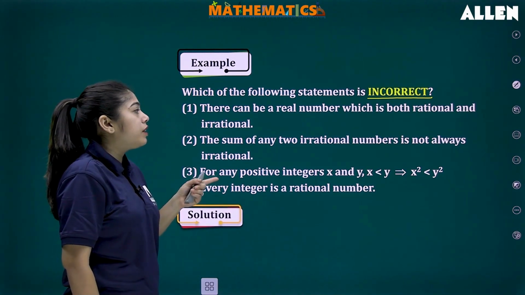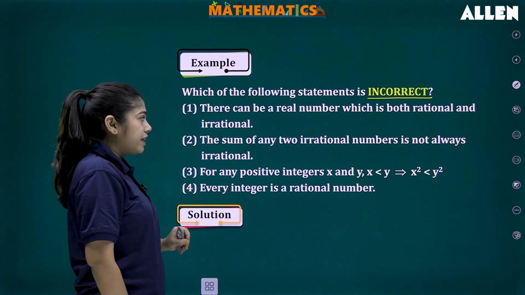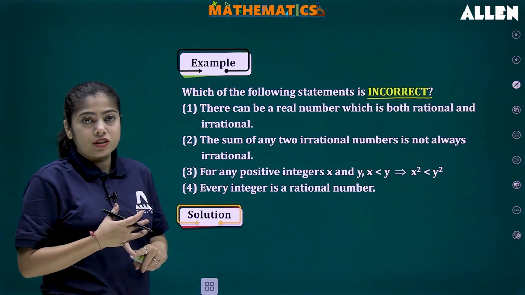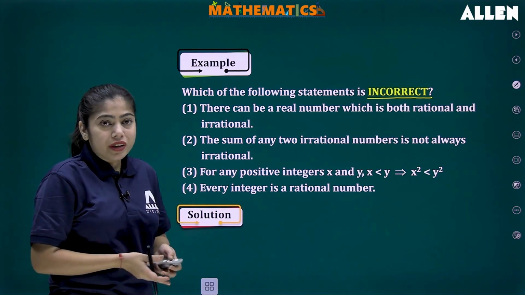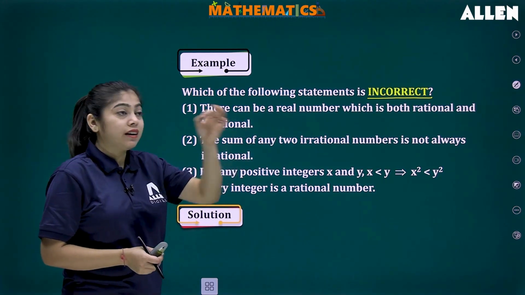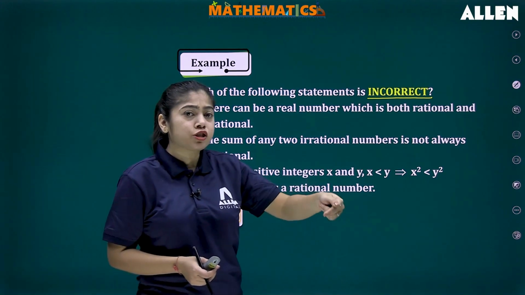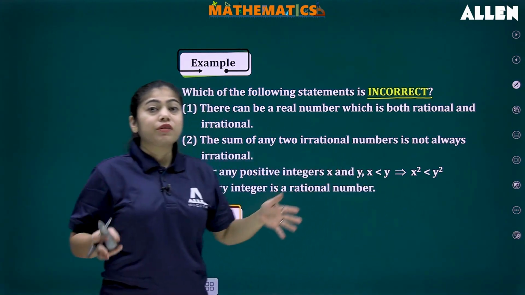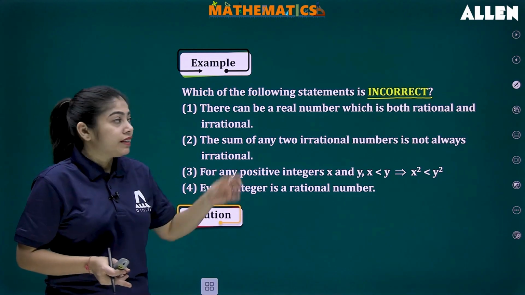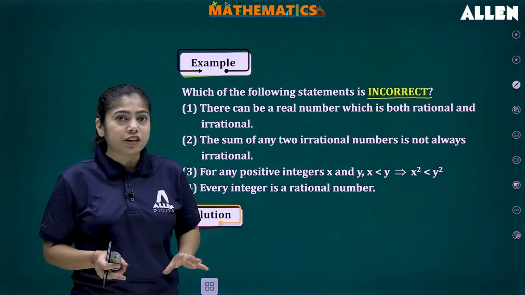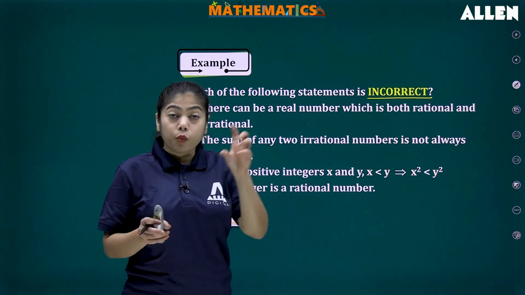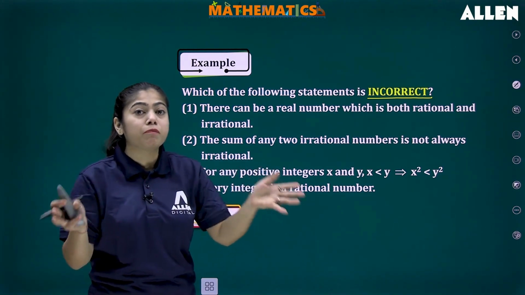There can be a real number which is both rational and irrational. So here class, this is a false statement. Why? Because in our definition, we have written that real numbers can either be rational or irrational, right? One particular number cannot be both.